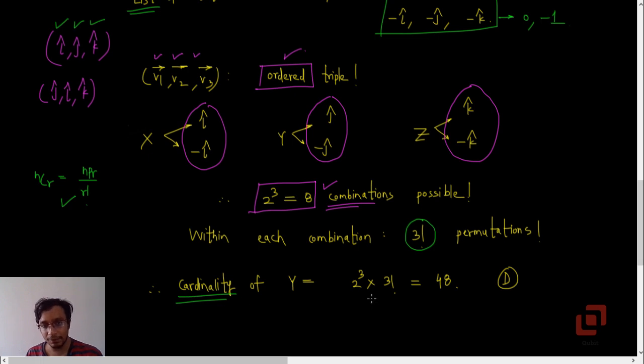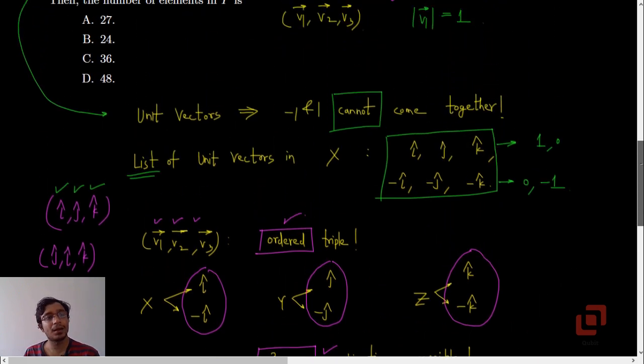That cardinality of Y will be 2 to the power 3 into 3 factorial. This 3 factorial is coming from that r factorial part, and this 2 cube is coming from the combinations part. Well, it's not really nCr now, but anyways, it is 2 raised to 3. So 2 cube into 3 factorial, which will be 8 into 6, that is 48.